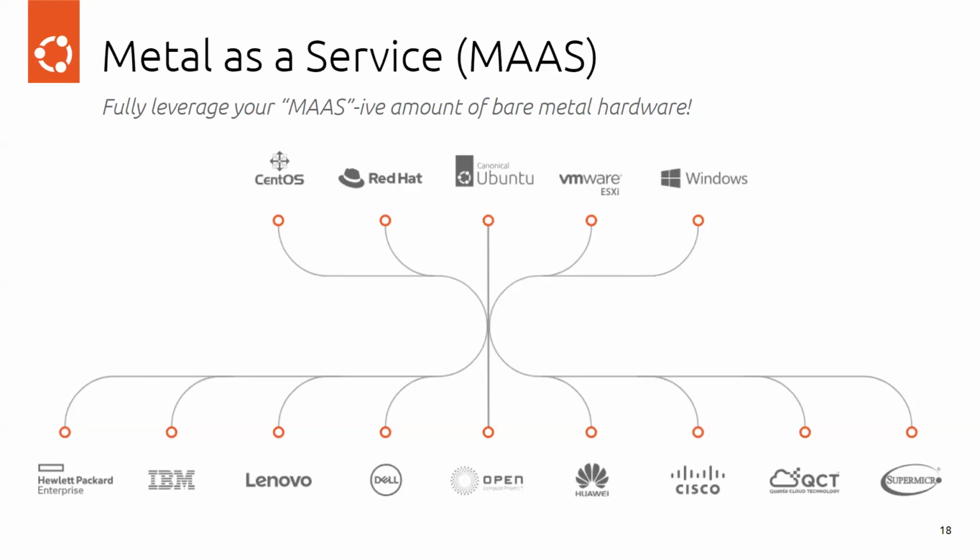And then effectively what MAS is able to do is be that layer that allows you to deploy and provision those operating systems on hardware provided from a wide majority of providers. So you'd be IBM, Dell, Lenovo, or even Supermicro or the Open Compute Project. And so that's the role that it plays, being able to allow you to harness and take advantage of your bare metal hardware.